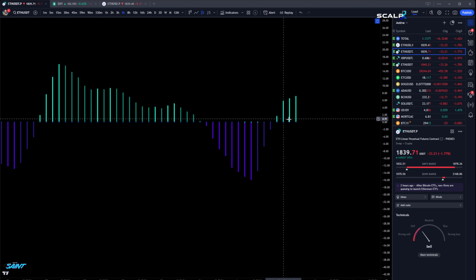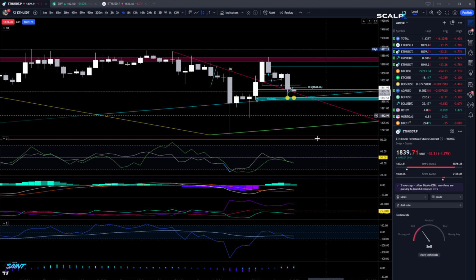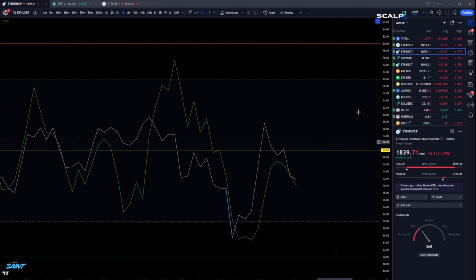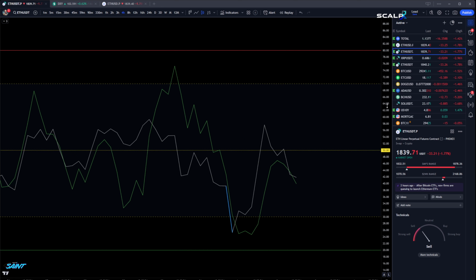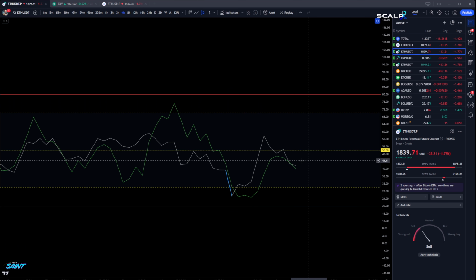So momentum is picking up on the bull side, which is weird from a squeeze perspective. I don't like the RSI and money flow right now. Money's leaving the market, and strength looks like it's trying to recover.